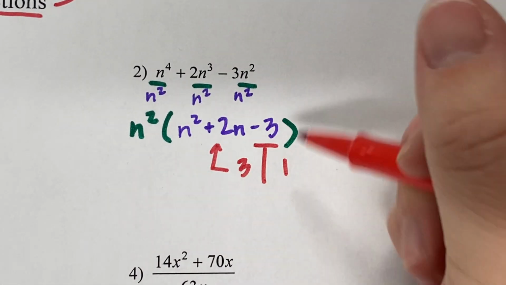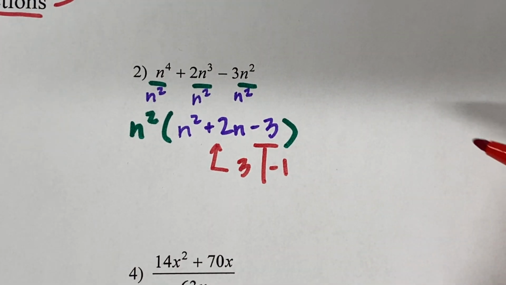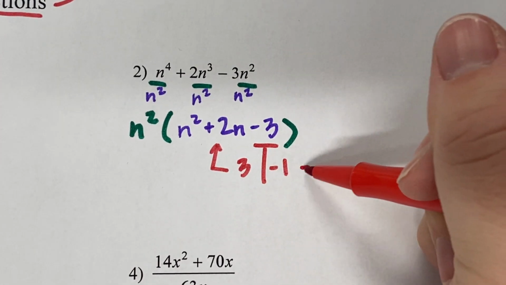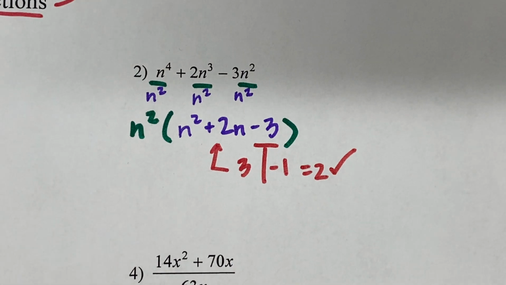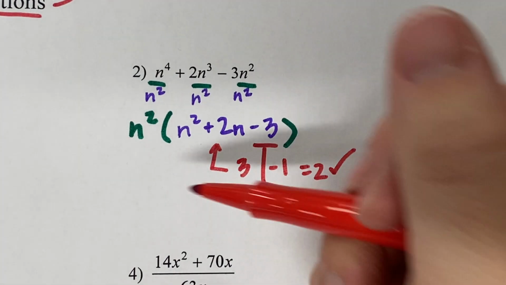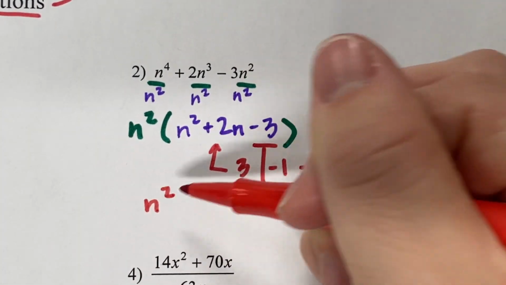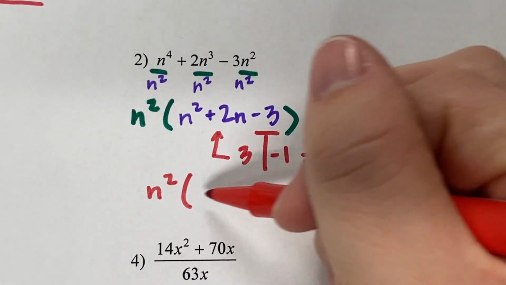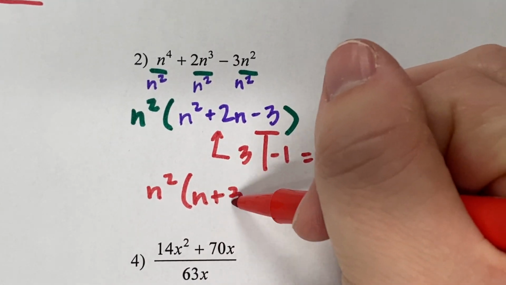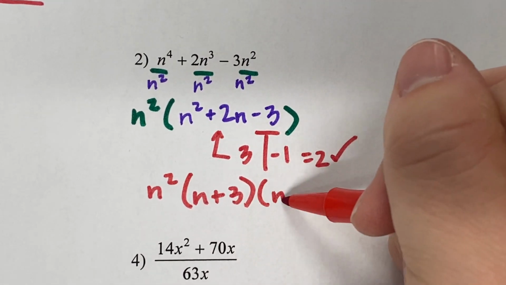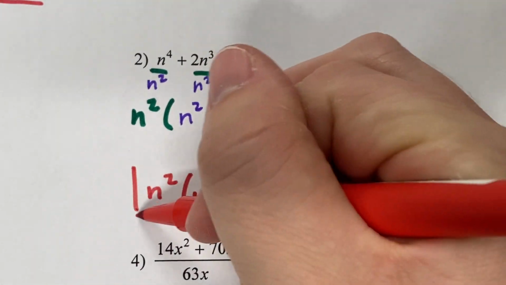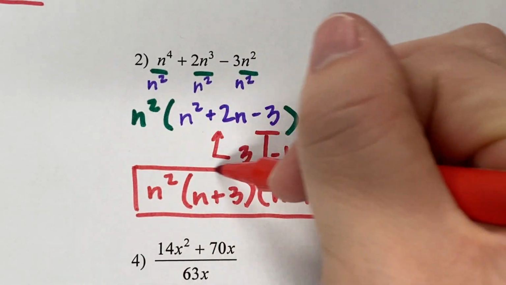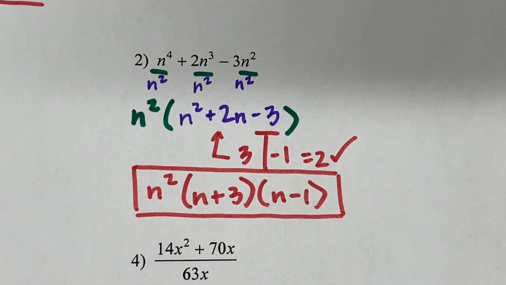But then to get +2, I want the 1 to be negative, because 3 minus 1 gives me +2. So my final answer, can't forget that n squared that we factored out before, then in parentheses, n plus 3 times n minus 1. And there we go. We are factored completely.